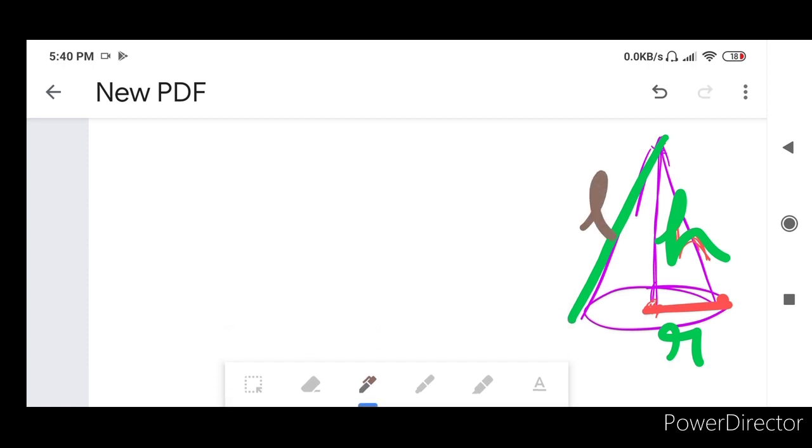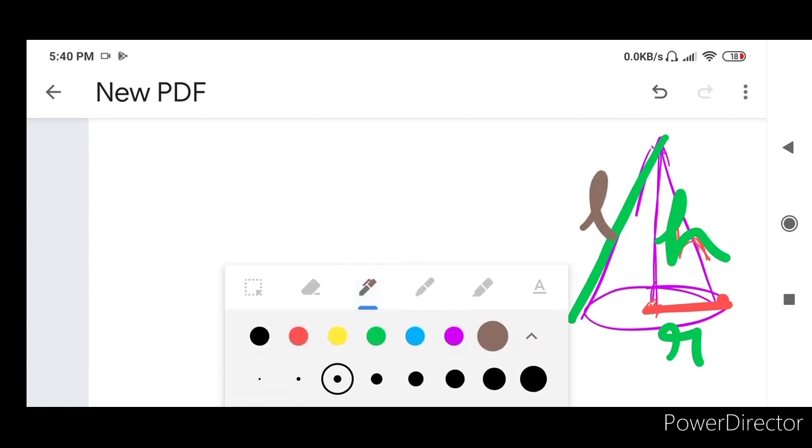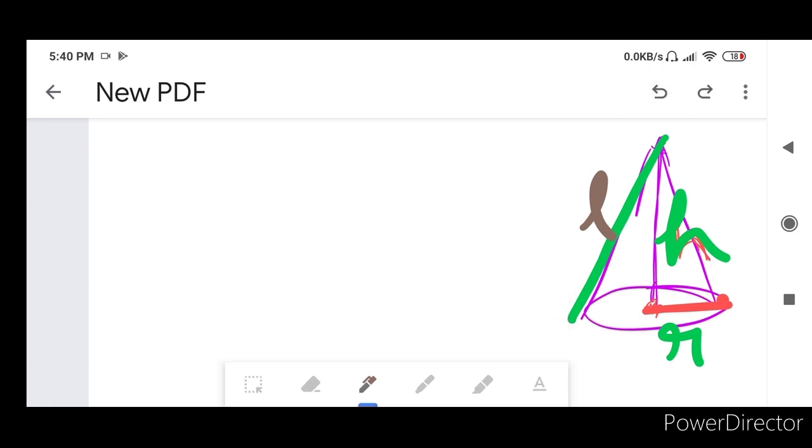So basically it would have some kind of surface, right?